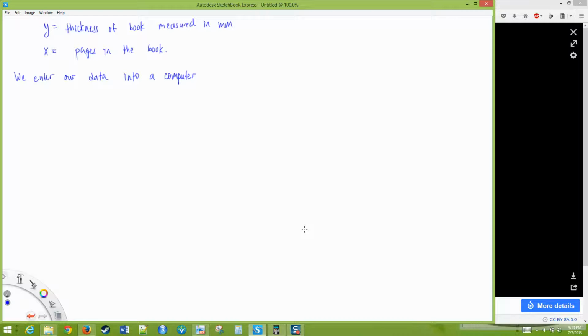So we're just going to say the computer spits this out: predicted thickness is equal to 6.22 plus 0.0366 times pages.